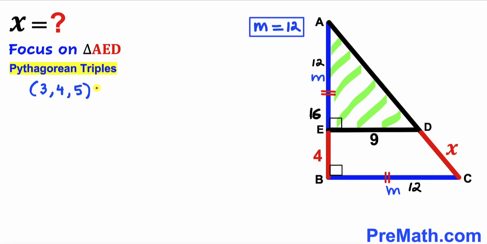If we multiply these by 3, our new triplet is 3 times 3 is 9, 3 times 4 is 12, and 3 times 5 is 15. So we conclude that the hypotenuse AD length is 15 units.